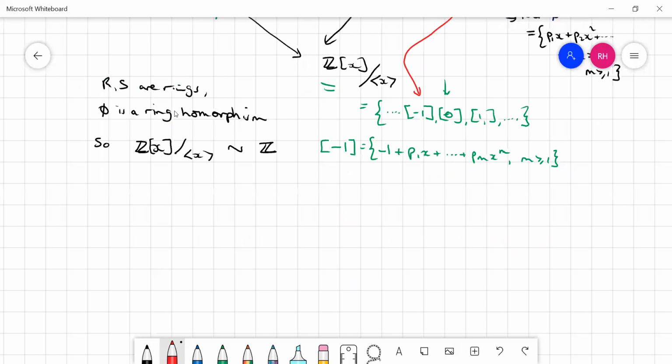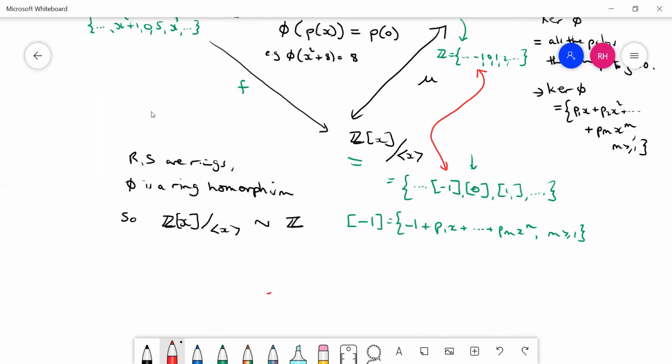But it's pretty clear to see that we can construct this isomorphism mu, which maps Z to the quotient Z[x] modulo the kernel. And what's the function? Well, mu of some integer, say j, equals just the equivalence class containing j. I mean, that's all this is saying.